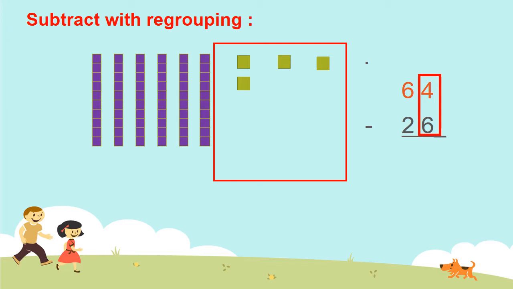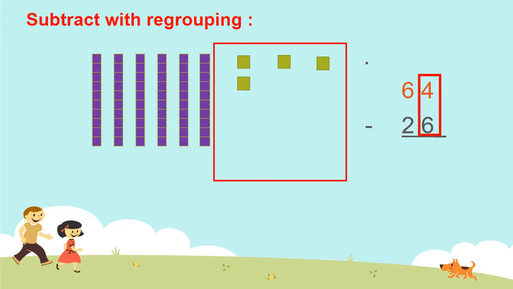This is what I'm going to do. I'm going to take 1 from these tens and divide it into 10 units. Don't you know that this 10 is 10 units? So let's do that. 10 ones.